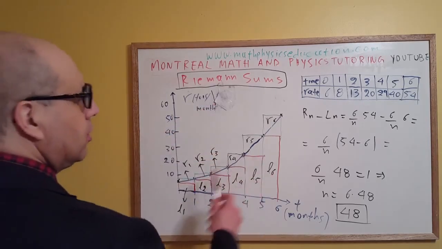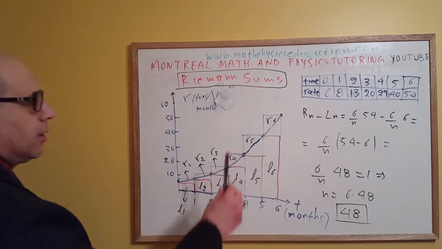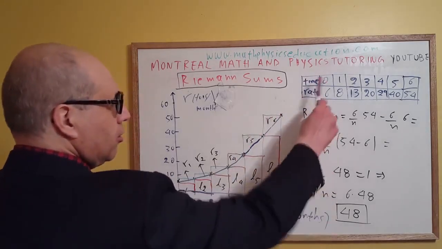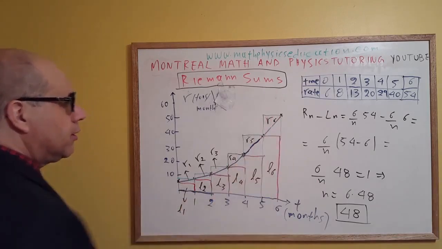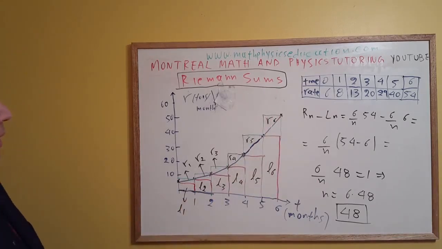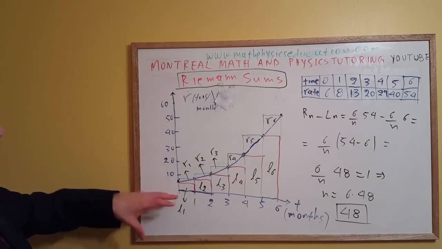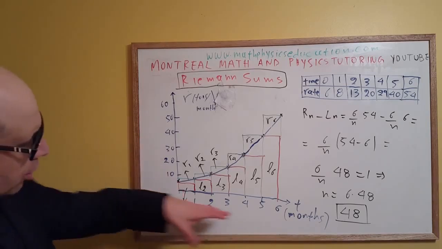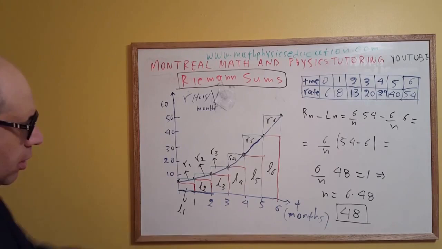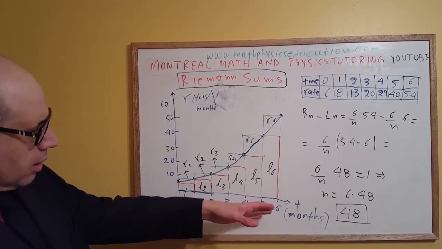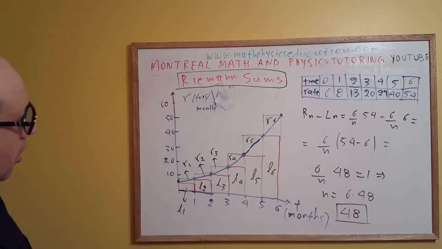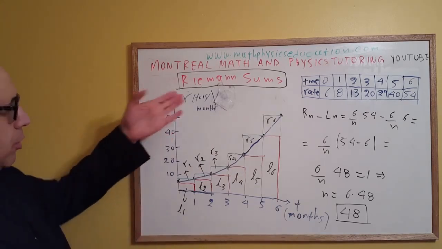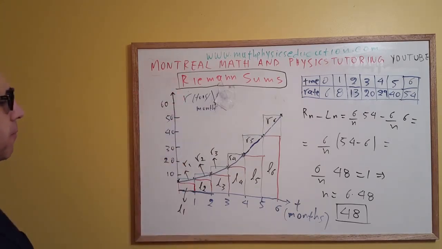First of all, we graph this table, which is the blue line that you see here. Here are the values of time in months, and here are the values of the rate, in tons per month.